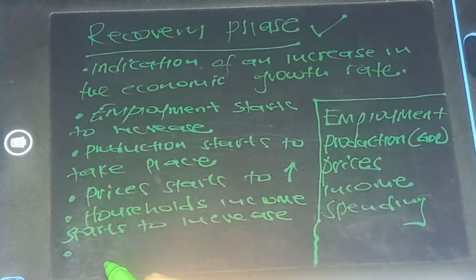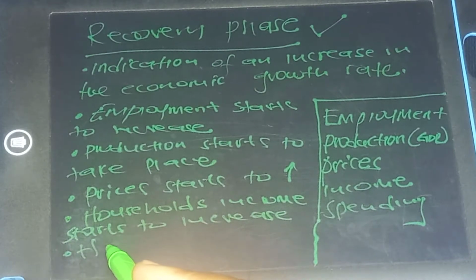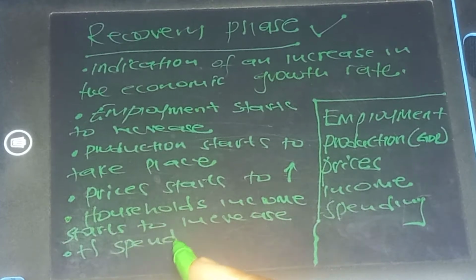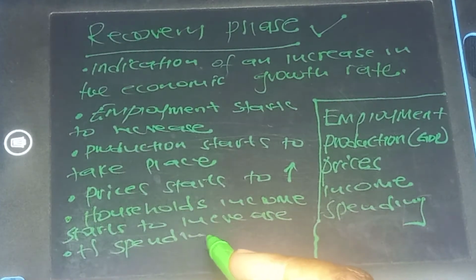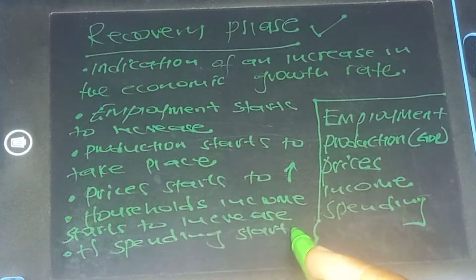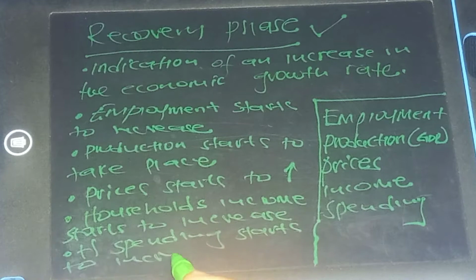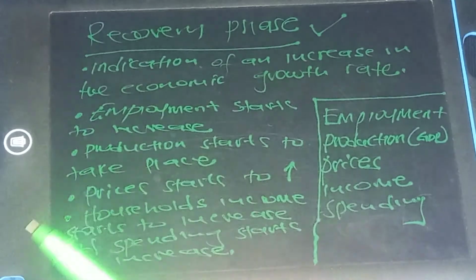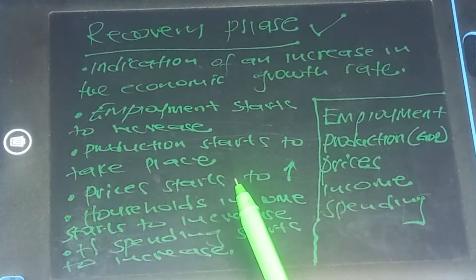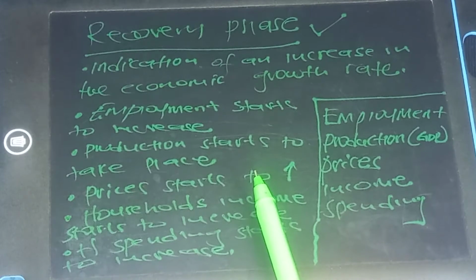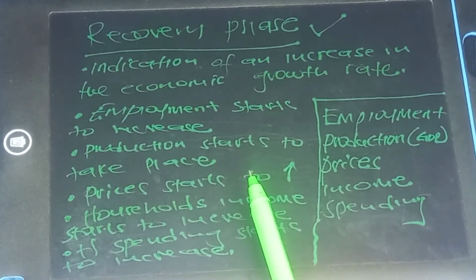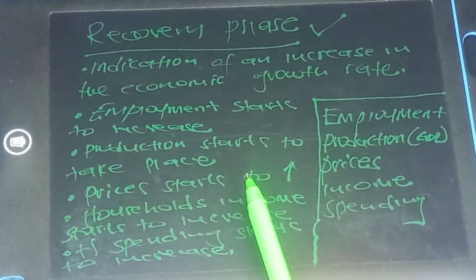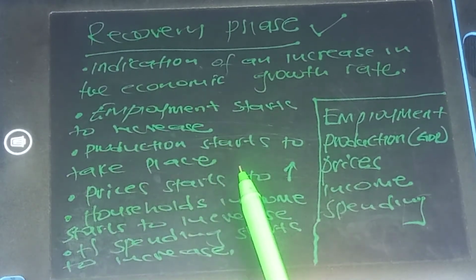And lastly, you can say households' spending starts to increase. Do you see that? What is important is to show that the growth rate has started. There's an increase in the growth rate. Now that the economy was in depression, now the economy is improving. That's what needs to be shown. Let's go to the next phase.